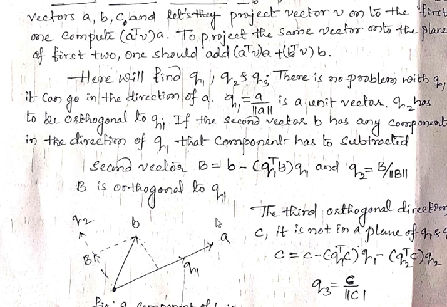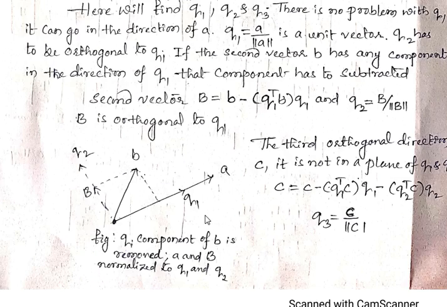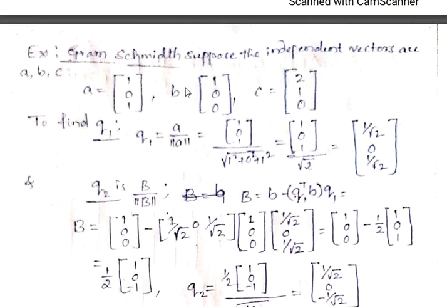Now to understand that, let's go for a problem. Suppose the independent vectors are A, B, C, where A is 1 0 1, B is 1 0 0 and C is 2 1 0.